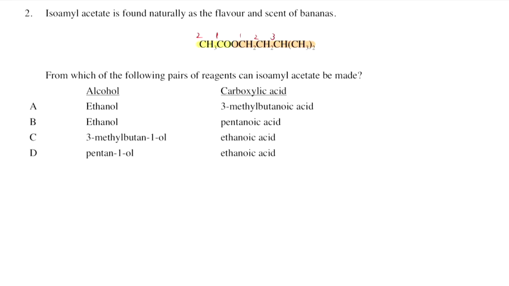Remember, we need to label the longest carbon chain. So 4. The other methyl group would act as a branch. So the longest chain should be 4 carbons, so it should be butan-1-ol. And since we have another methyl group attached to the 3rd carbon, we should name it as 3-methylbutan-1-ol. So the correct answer we should choose is C.